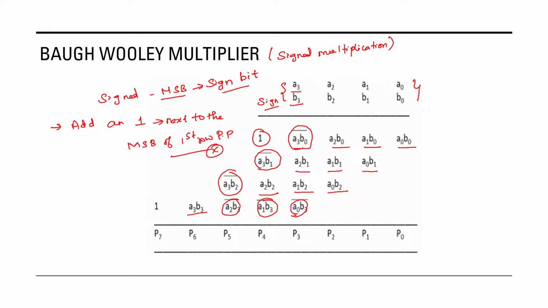This is the rule we should remember. So we have added a 1 over here, and then in the MSB position we will add another 1. That's the second adjustment we will perform over here. So this is the basic operation.